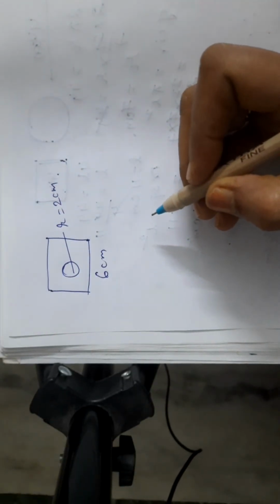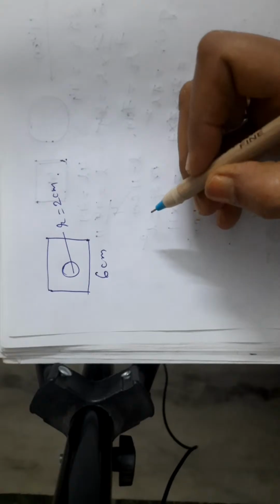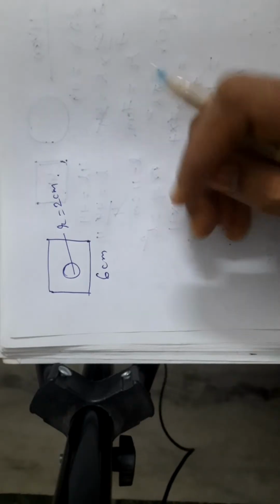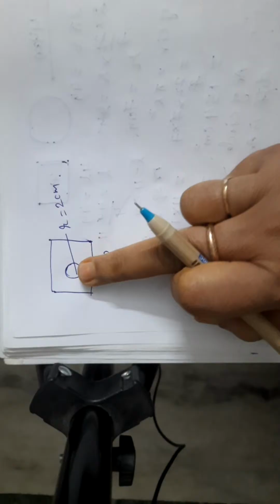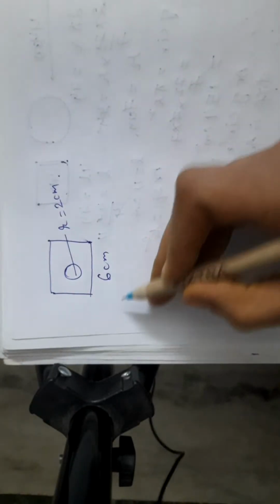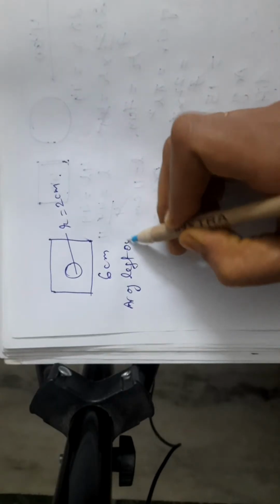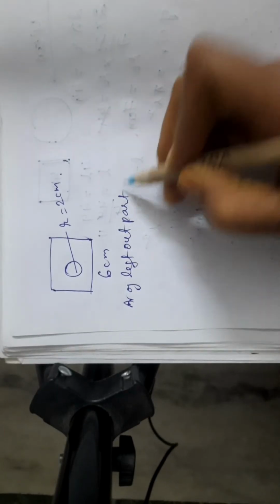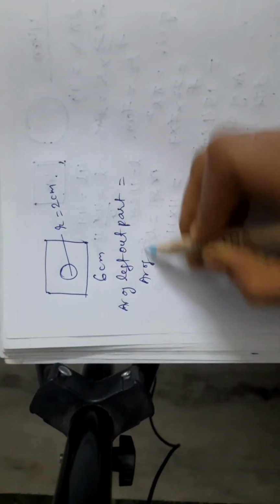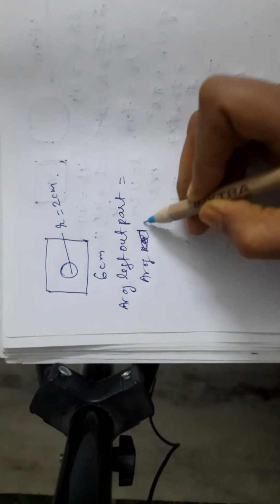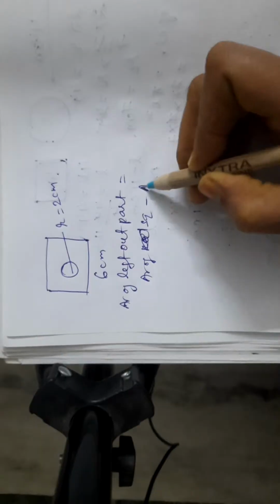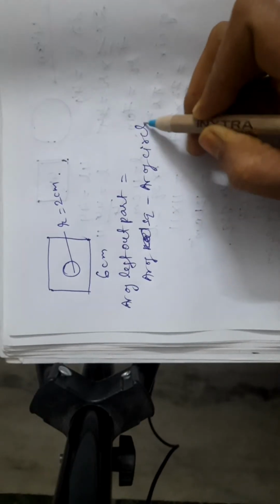What is the area left out of the aluminium sheet? Again, the question is quite easy. We need to subtract the circle from the square. So here, the area of the left out part is the area of the square minus the area of the circle.